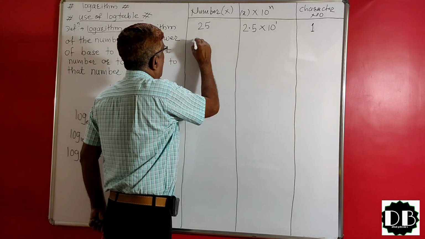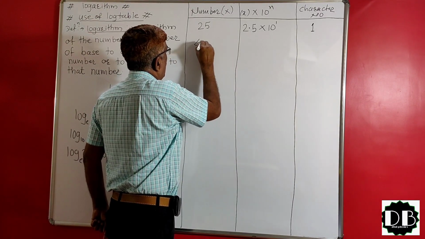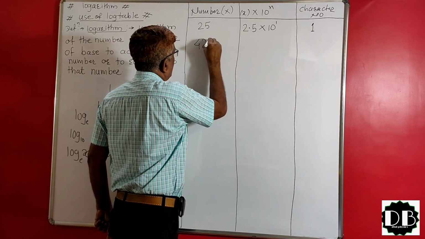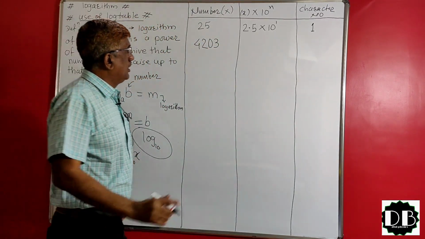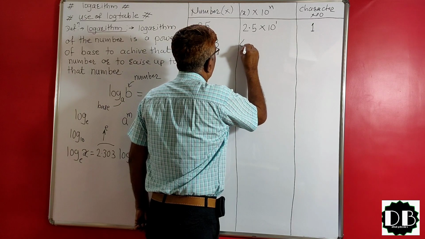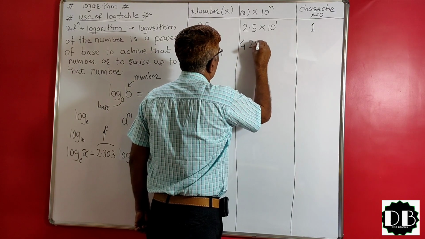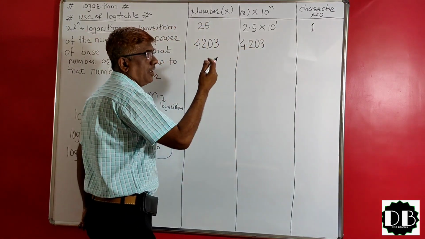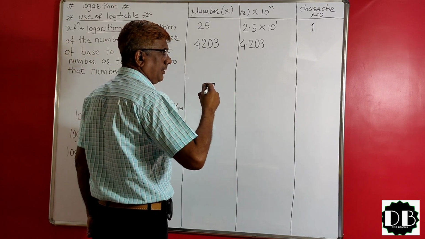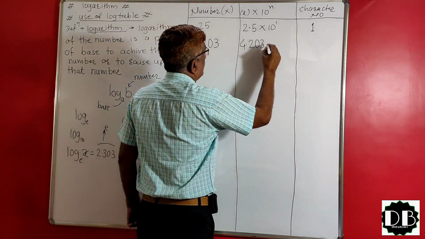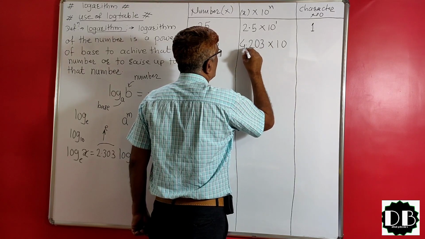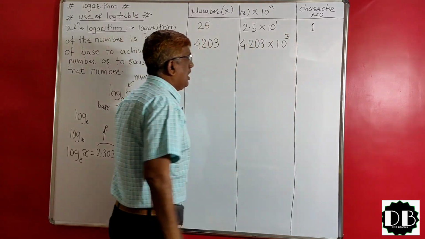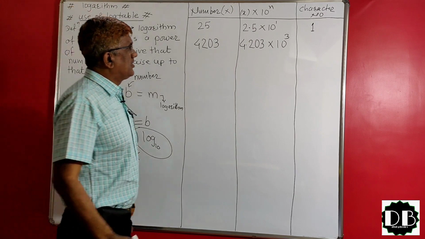If we have 4203, I can convert this number as 4.203. Decimal point shifted from right to left, so that power 1, 2, 3, 10 raised to 3. Character number right here is 3.